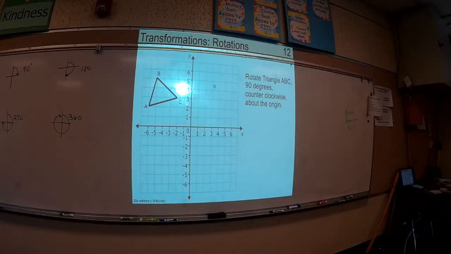It's good. That's after the rotation. Labels A, B, and C.